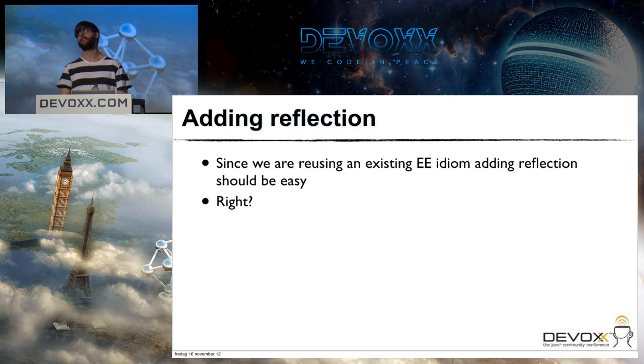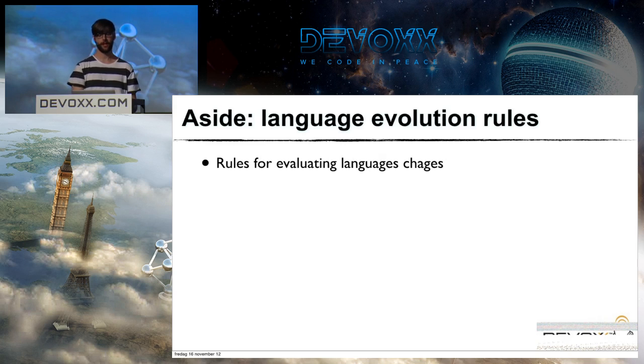So, adding reflection to this. You might think that since we are reusing this previous idiom of how to do things, adding reflection should be really easy, right? It turns out not to be. So here's a little aside.